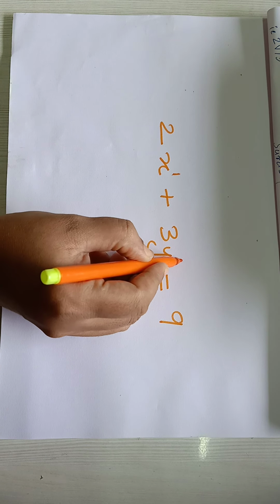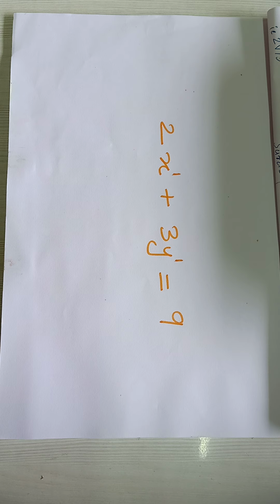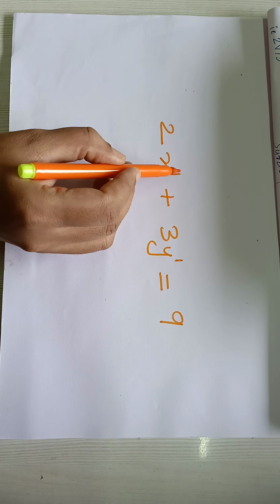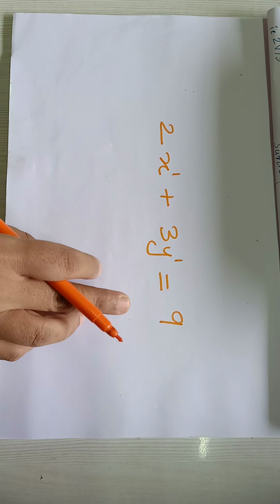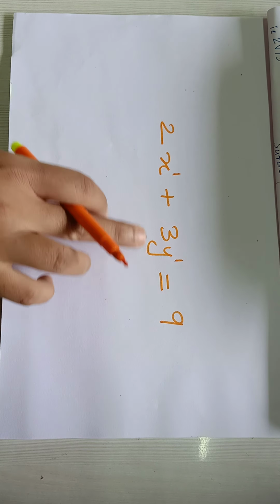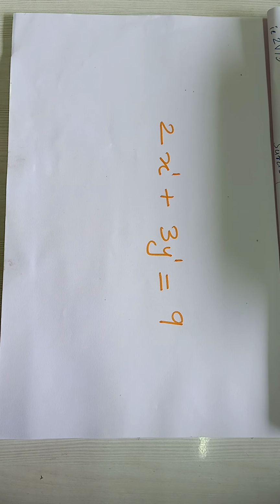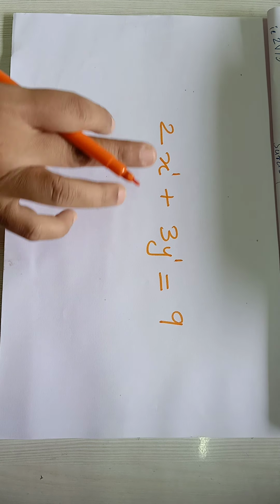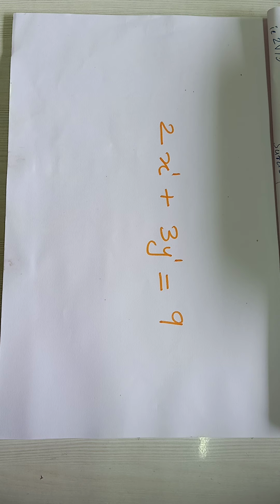Here the degree of x is 1, degree of y is 1. So it is called a linear equation in two variables. Linear because degree is 1, equation because the equal to sign is there, LHS and RHS side is there. In two variables means here two variables are used. So this is an example of a linear equation in two variables.